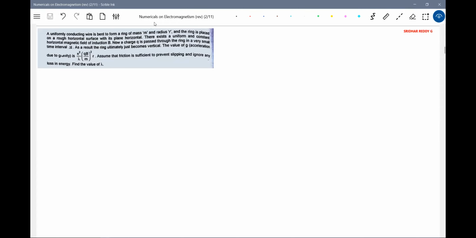A conducting wire is bent to form a ring of mass m and radius r, and the ring is placed on a rough horizontal surface. There exists a uniform and constant horizontal magnetic field of induction B. You can draw many diagrams, but I think some small rough diagram will be sufficient.